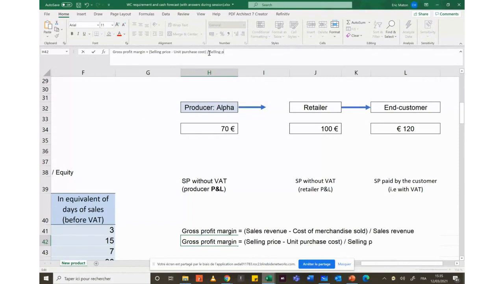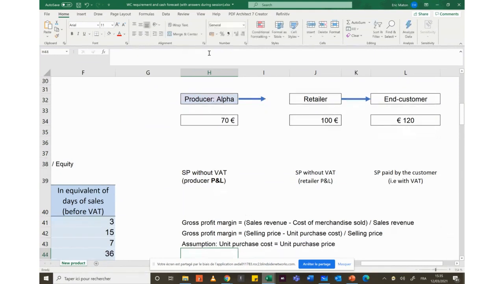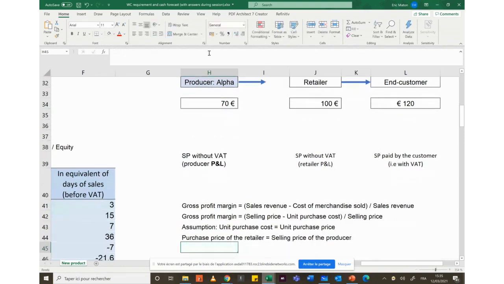And here we suppose, as an assumption, the unit purchase cost is equal to the unit purchase price. What is the purchase price of the retailer? The purchase price of the retailer is equal to the selling price of the producer. So now we have the selling price of the producer.